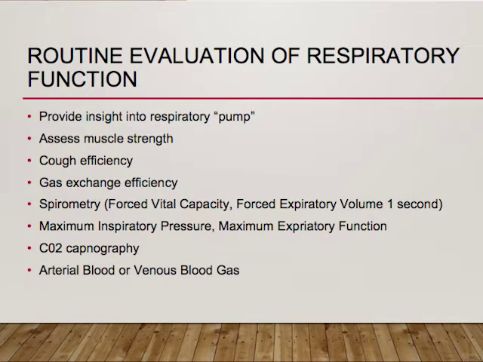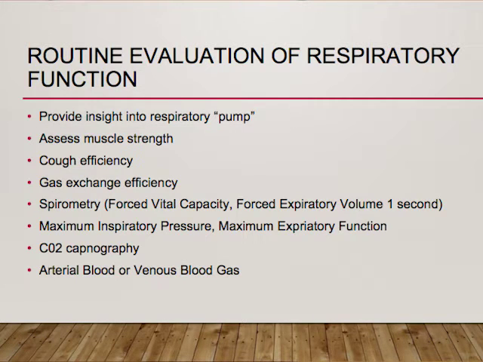We use spirometry to do a lot of this, as well as maximum inspiratory and maximum expiratory pressures. CO2 capnography is really just a tool for looking at whether the blood shows signs of elevating carbon dioxide. It's an important feature to be aware of. Carbon dioxide rising in the blood suggests that you're losing the ventilatory efficiency that you need to maintain homeostasis, or basically constant pH and that sort of thing.